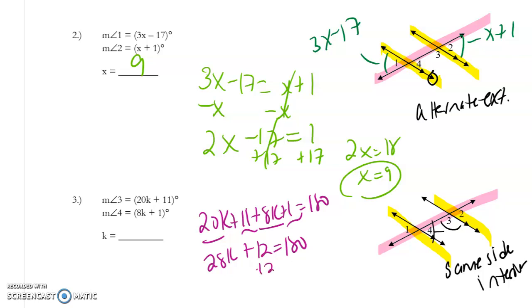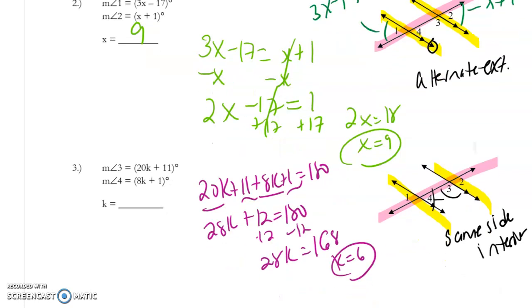And then if I subtract 12, 28k is equal to 168. On my calculator, I'm doing 168 divided by 28. And it's coming out that k is equal to 6. Okay.